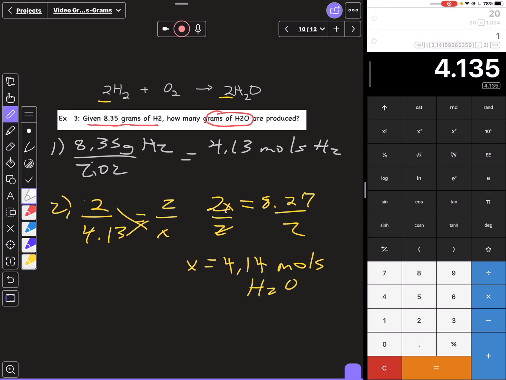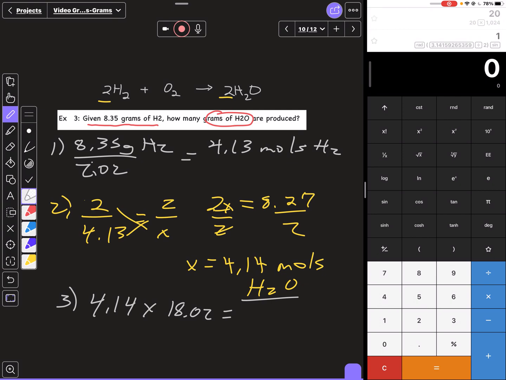And then my third step is just going to be to convert moles of H2O to grams. So I take 4.14, multiply it by the molar mass of H2O. If you add up the molar mass of H2O, hydrogen and oxygen, you have to add these up. The molar mass is 18.02.